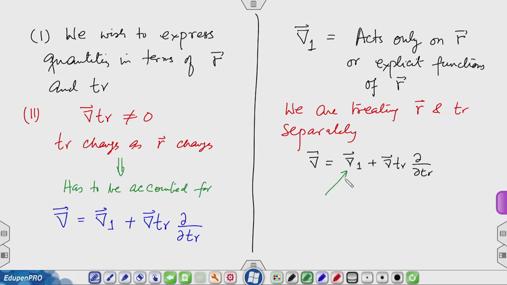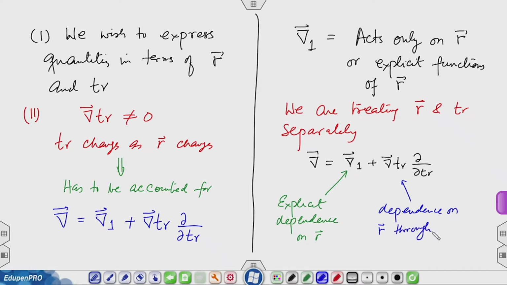The first term is explicit dependence on R. The second term is also dependence on R, but through TR. And we have to be careful in taking these derivatives. So, that is settled.